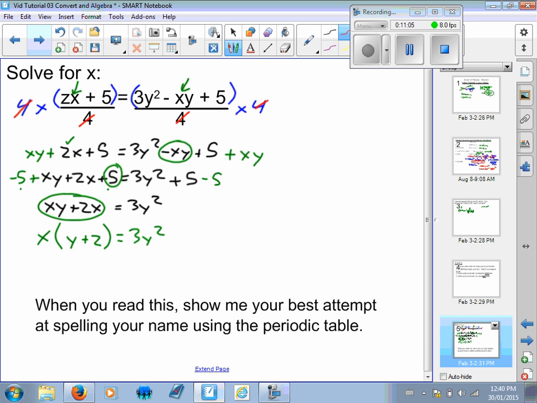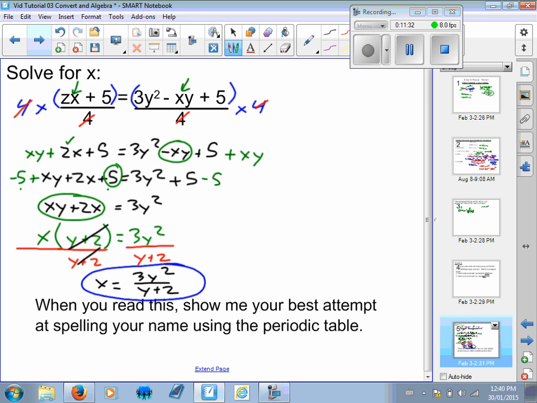Now it's multiplied by y plus z, so we're going to divide by y plus z. And really, if you're going to divide the whole side, you're going to divide both sides. That's going to leave us with, that cancels, and we have x equals 3y squared over y plus z. That is how algebra is going to work. If you can do that, algebra should not be a problem.